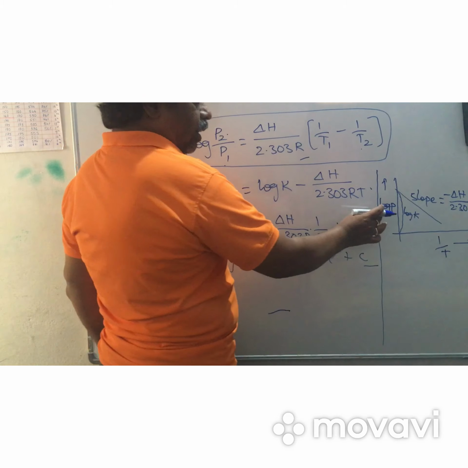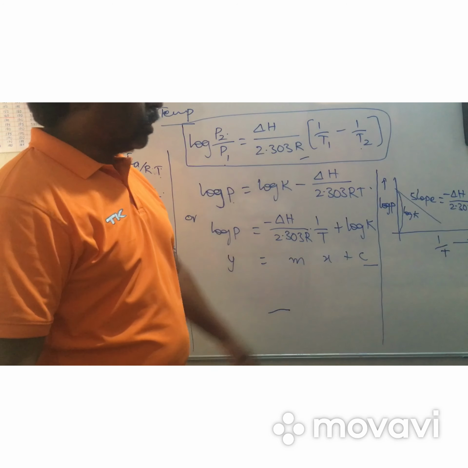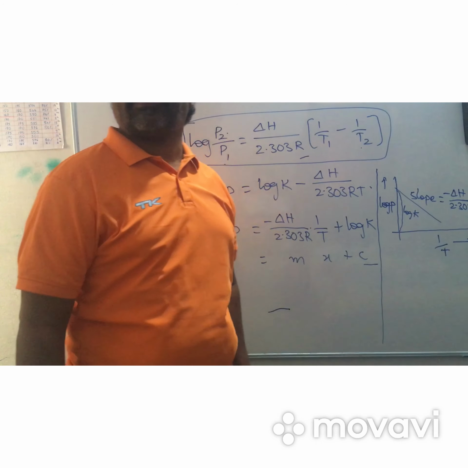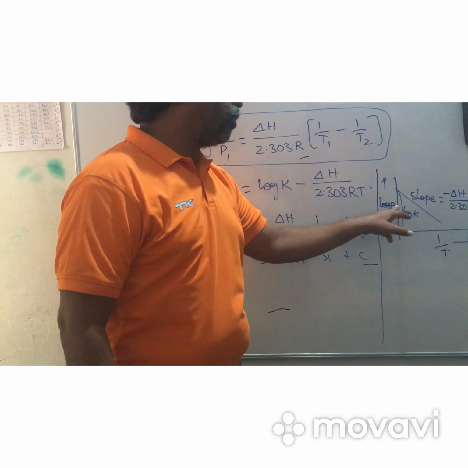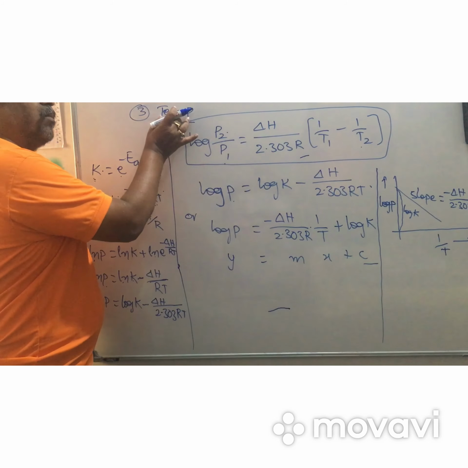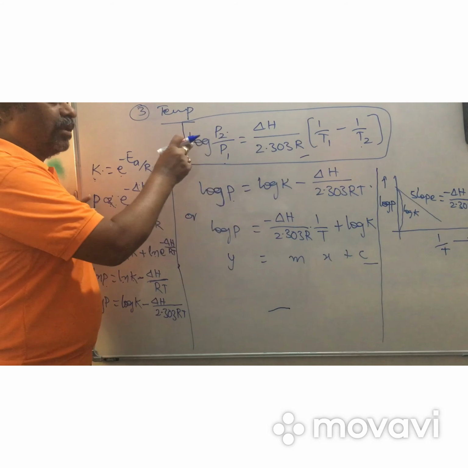So what does the negative slope indicate? For 1 by T, the vapor pressure decreases. If T is taken, the vapor pressure increases. Actually, as temperature increases, vapor pressure increases exponentially. That's why the logarithm is applied.